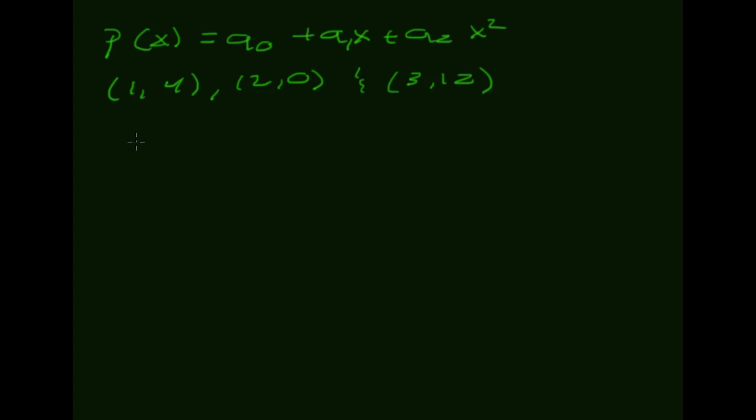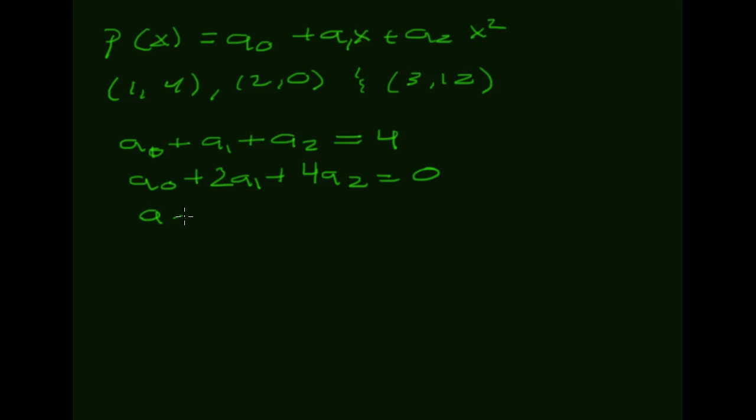So that means I have this system of equations where I have a0 plus a1 times 1 plus a2 times 1 squared is going to equal 4. a0 plus, let's see, 2 a1s plus 2 squared is going to be 4 a2s is going to equal 0.